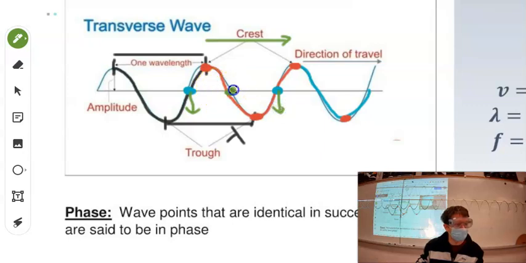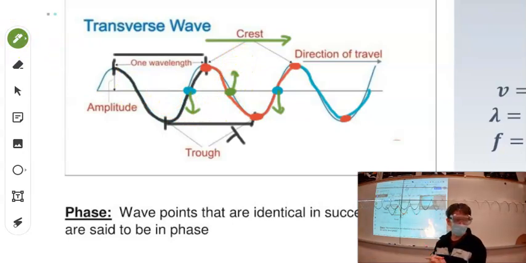But the green point will rise as this crest approaches it. This trough will approach the blue point, this trough will approach that blue point. So not only are they in the same position, they are doing the same thing. But this green point, not in the same position, it's going to move up. So they are out of phase.